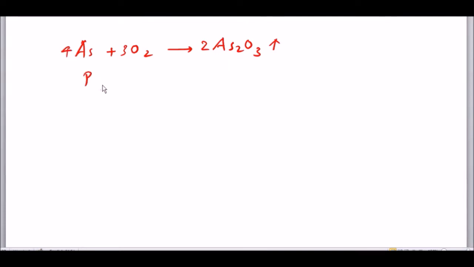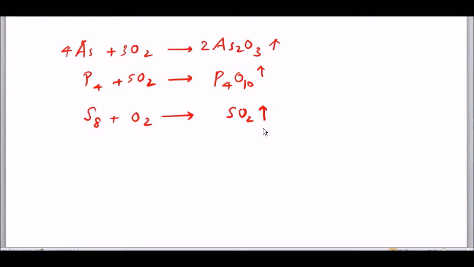Likewise, the phosphorus, it's tetraatomic. On roasting, it becomes phosphorus pentoxide, P4O10. And for balancing, I can write 5. Similarly, the sulfur, octaatomic. On roasting, it becomes sulfur dioxide gas. For balancing, we can write 8 times and 8 times. Apart from that, moisture is also removed.